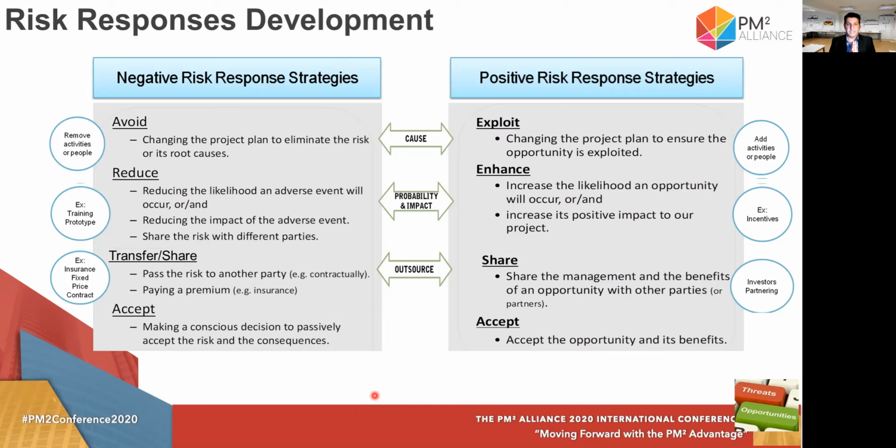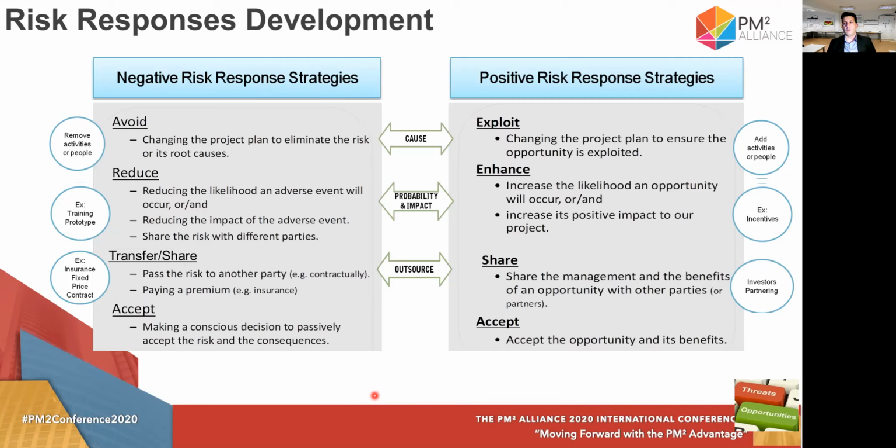The common strategy in both cases is the acceptance strategy, where you are accepting usually low risks, threats or opportunities. Especially for this acceptance strategy, if you put some money aside or some time aside in order to use this amount of money and time to make it happen, or not make it happen if it is a threat, it is called active acceptance.